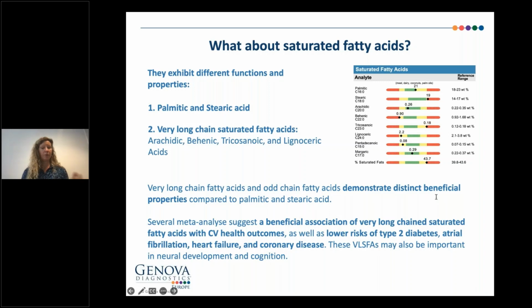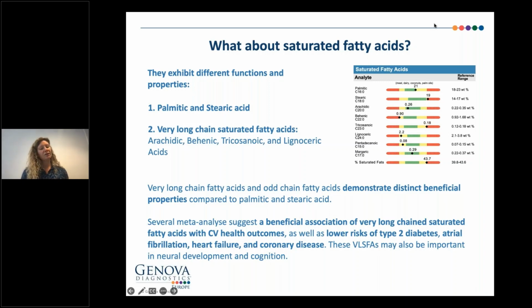For example, very long chain fatty acids and odd chain fatty acids demonstrate distinct beneficial properties compared to palmitic and stearic acid. There have been several meta-analyses that suggest a beneficial association of very long chain saturated fatty acids with cardiovascular health outcomes, as well as lower risks of type 2 diabetes, atrial fibrillation, heart failure, and coronary disease.